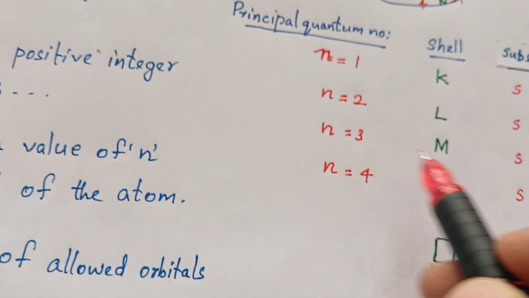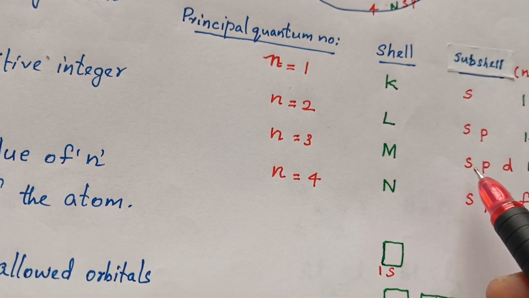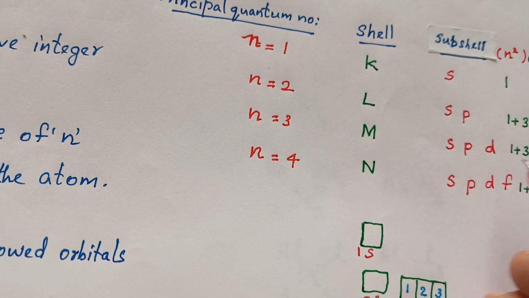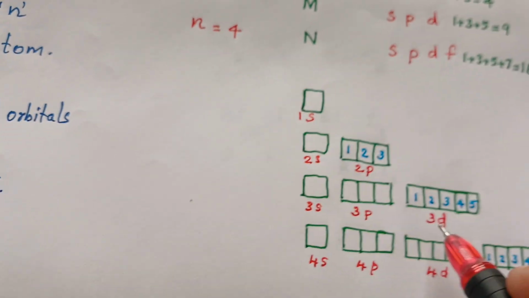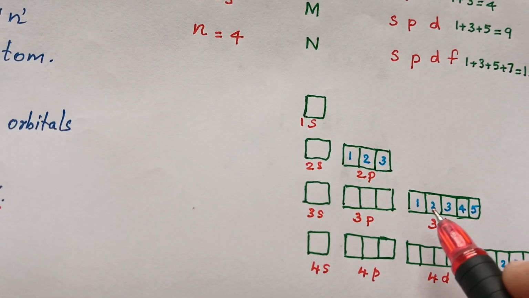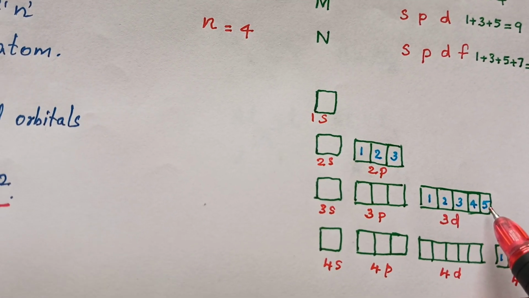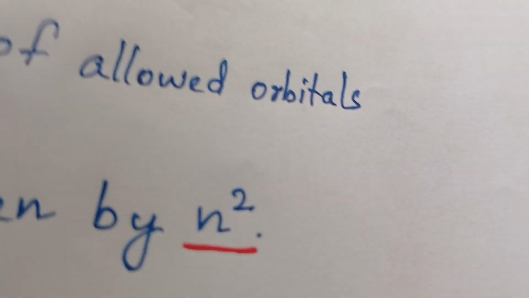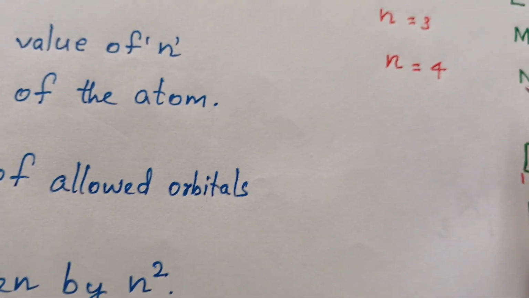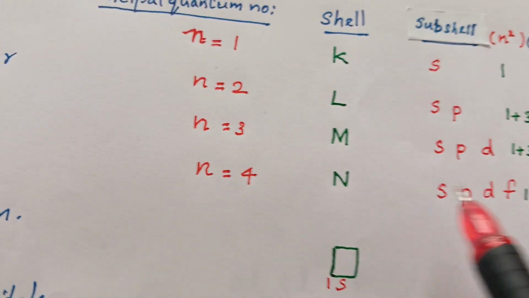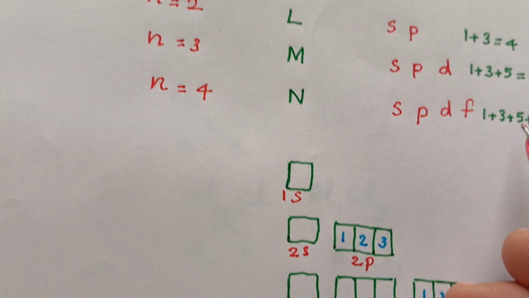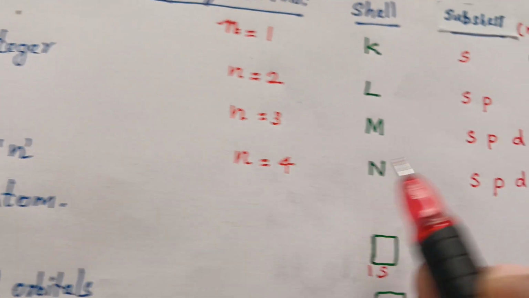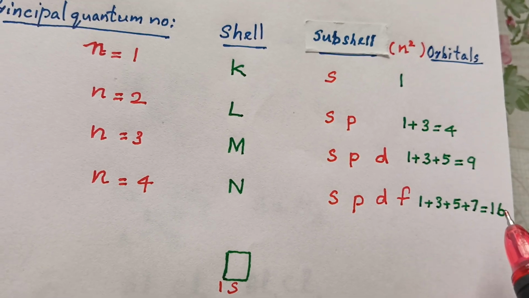When n is equal to 3, it is the M shell. You will have the s, p, d subshells in it, and together there will be 9 orbitals because the d subshell has 5 orbitals in it. Similarly, when n is equal to 4, you have the N shell and you have s, p, d, f subshells, and 4 square number of orbitals.